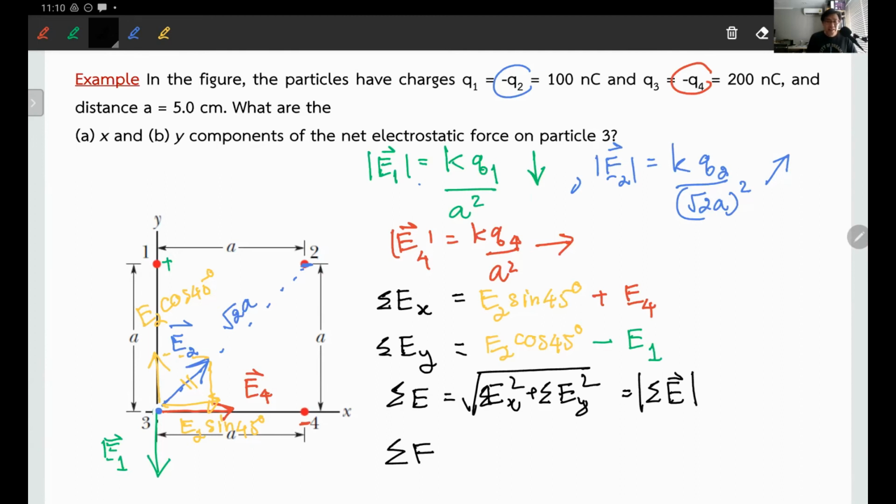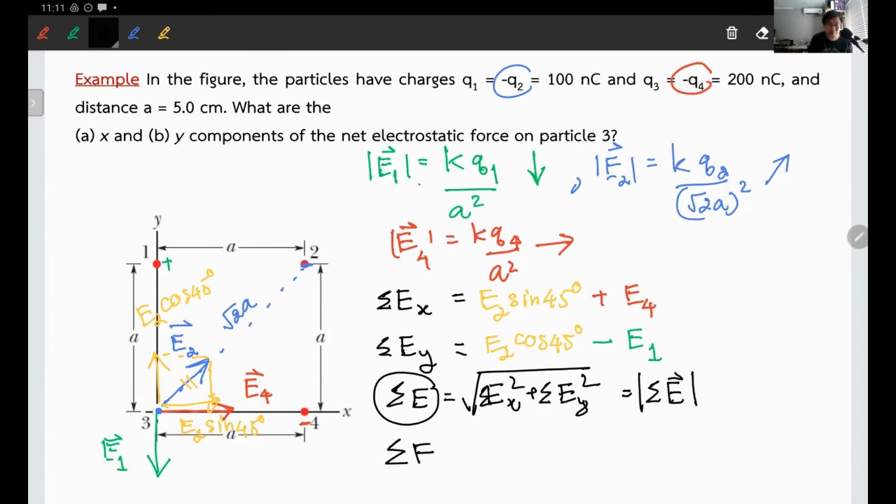Every time you have a vector, you put an arrow above the letter, and if you want just the magnitude, you put the absolute value sign around it. However, that is the same thing as writing it without the arrow on top and without the absolute sign. The meanings are the same.